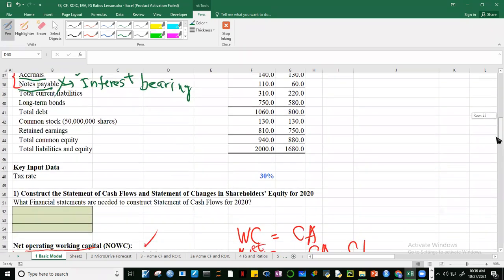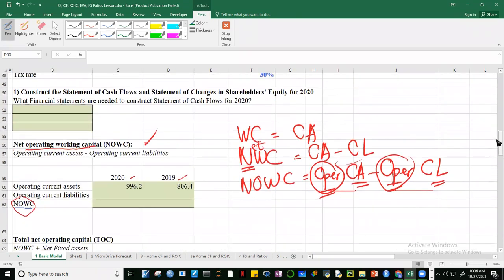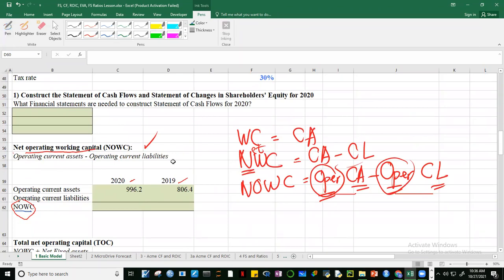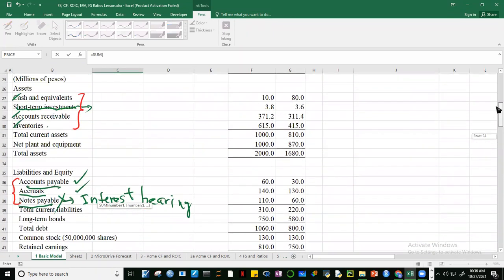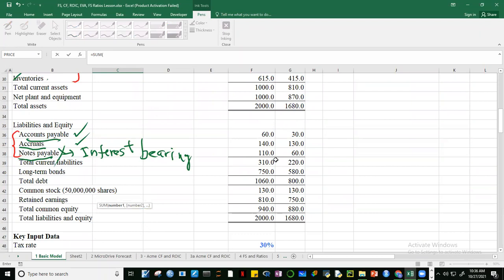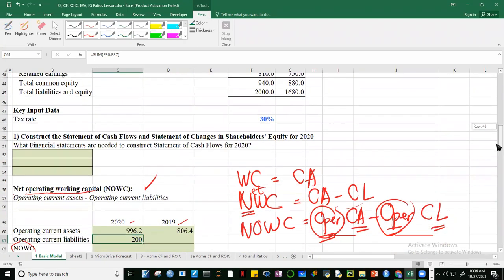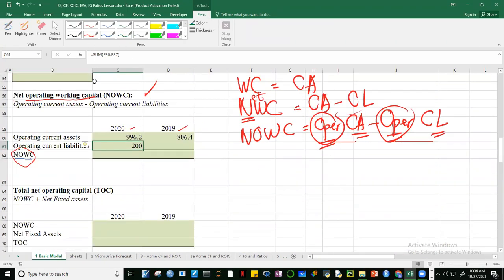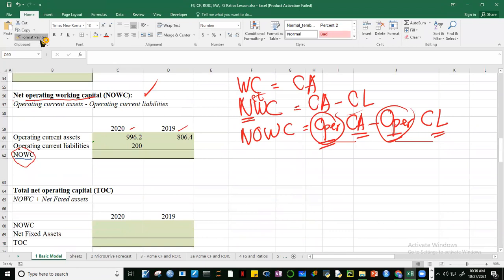So let's now compute for the operating current liabilities here below. So this is equal to sum of your accounts payable and accruals. All right. So let me copy the format for this, Home, format painter.